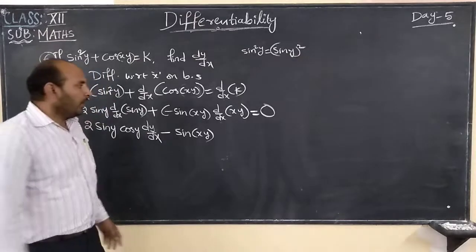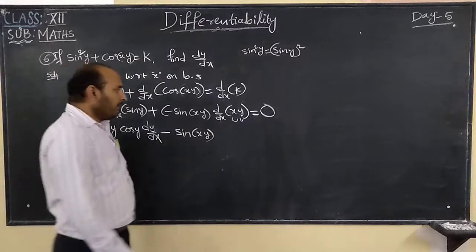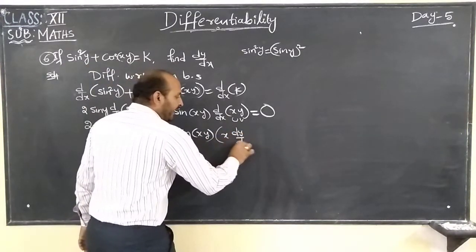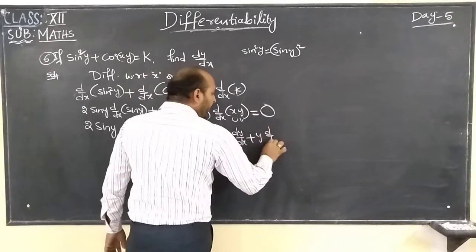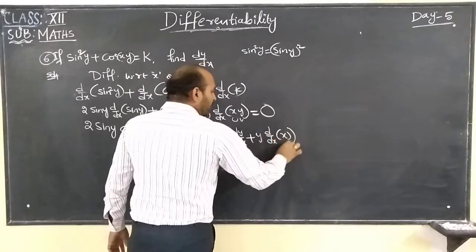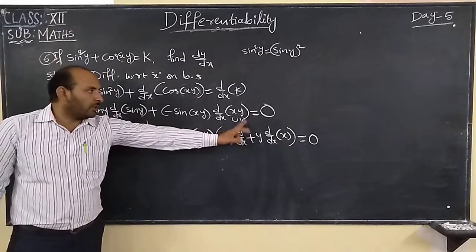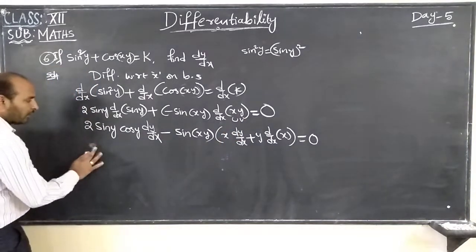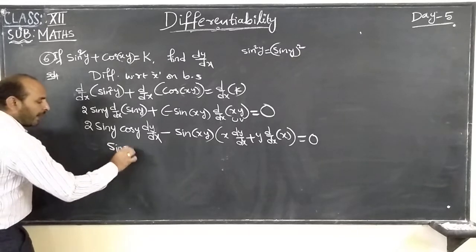So sin y derivative cos y and inner function dy by dx, plus minus sine of xy, and apply the uv formula: x into dy by dx plus y into d by dx of x, which is equal to 0. So 2 sin y cos y is nothing but sin 2y.